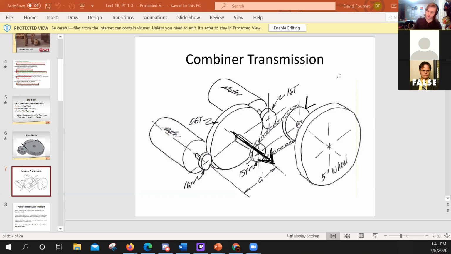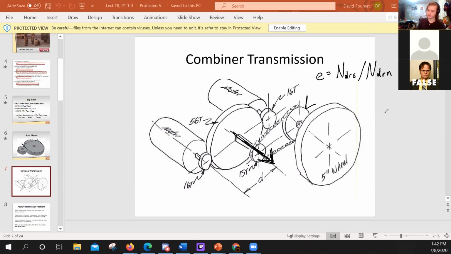We're going to use the first one, which is E, our gear ratio, equals N drivers divided by N driven. And remember, big N means number of teeth.